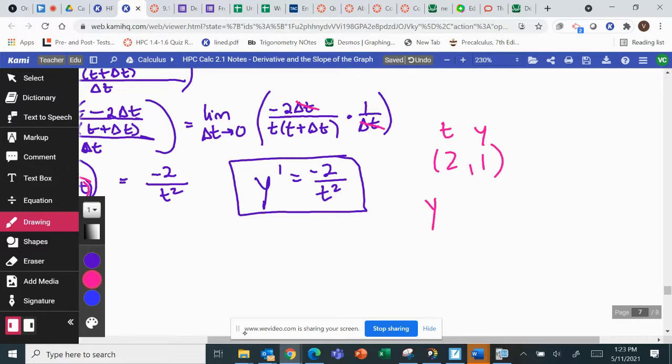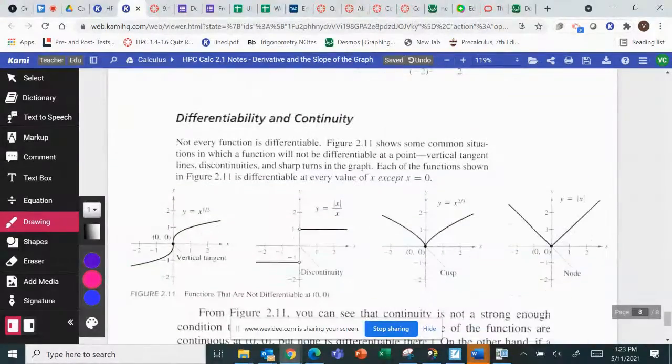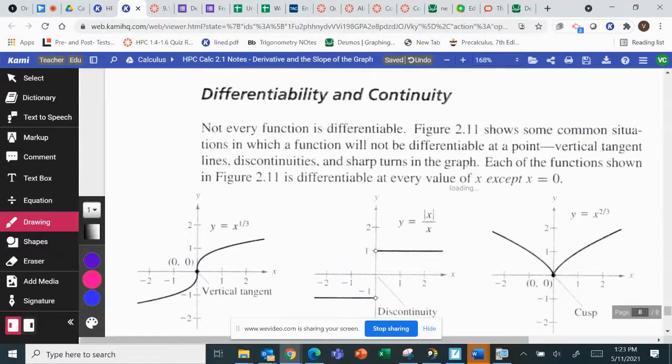So we'll have y prime equals negative 2 over 2 squared. So I'd get negative 1/2. That would be the slope of that tangent line at that ordered pair, negative 1/2.